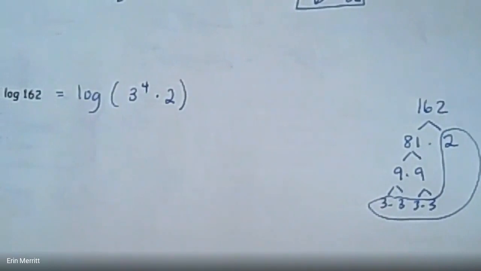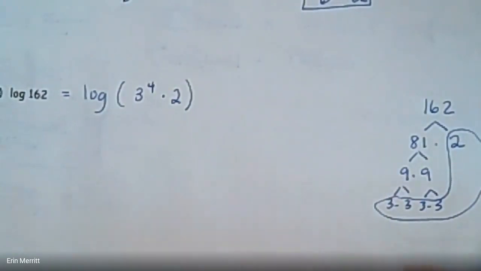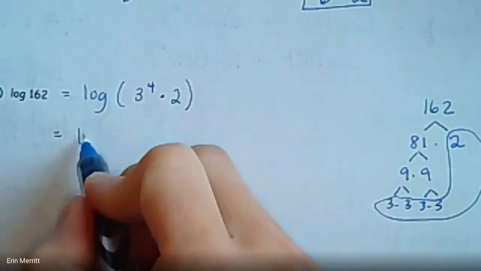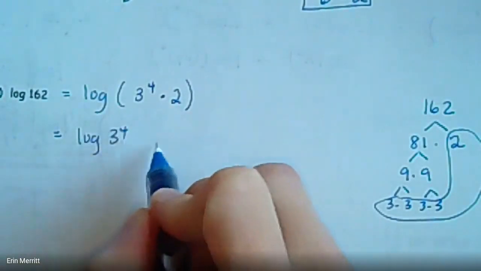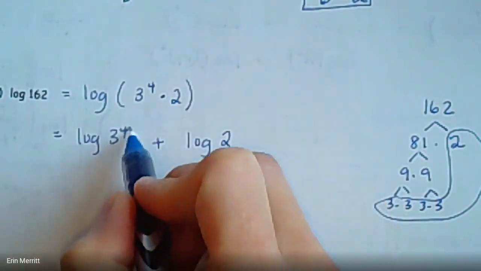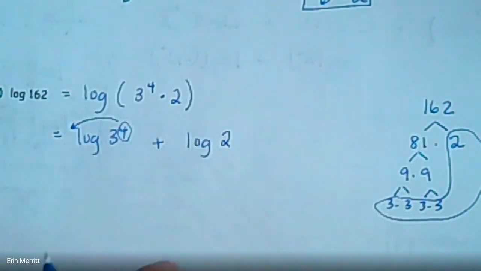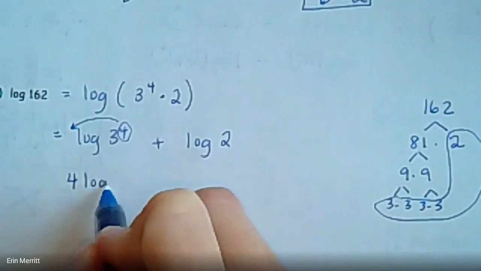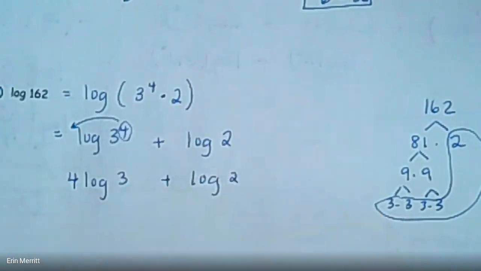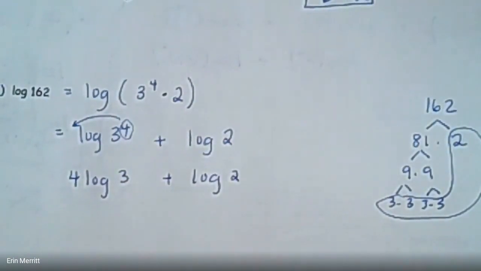All right, let's use the rules. Let's expand it. So if this is multiplication, it splits into addition. So log of 3 to the 4th power plus log of 2. And now I can take that exponent and drop it down. So it's 4 times log of 3 plus log of 2. Now I can do the substitution, right?